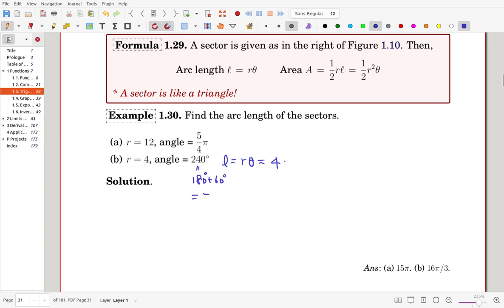The first portion is pi, the second portion is 1/3 of pi. So it's the same as 4 over 3 pi. So here the angle in radians is 4 over 3 pi, right? So the answer is 16 over 3 pi.